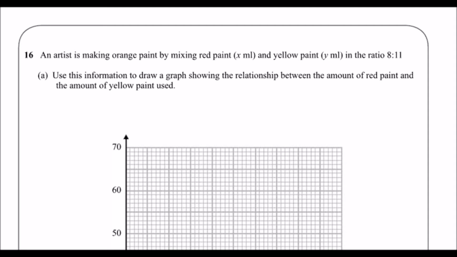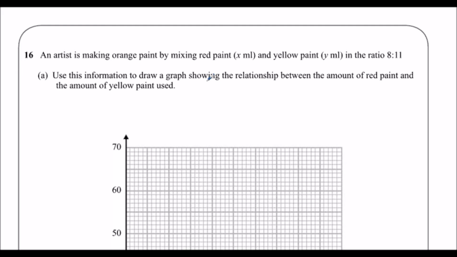Question 16. An artist is making orange paint by mixing red paint and yellow paint in the ratio 8:11. Use this information to draw a graph showing the relationship between the amount of red paint and yellow paint used.